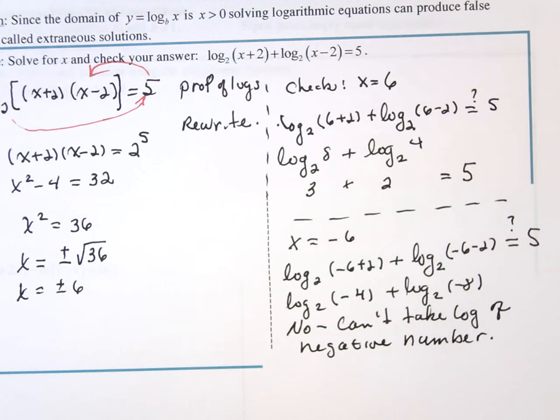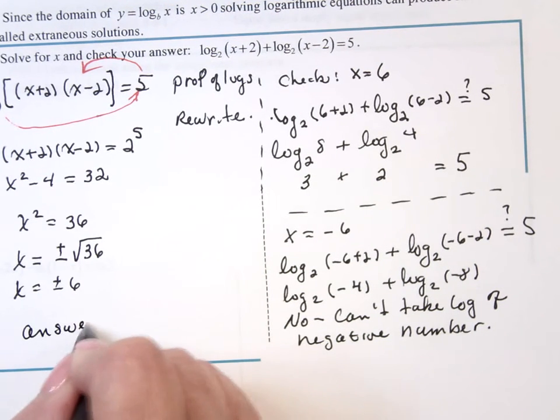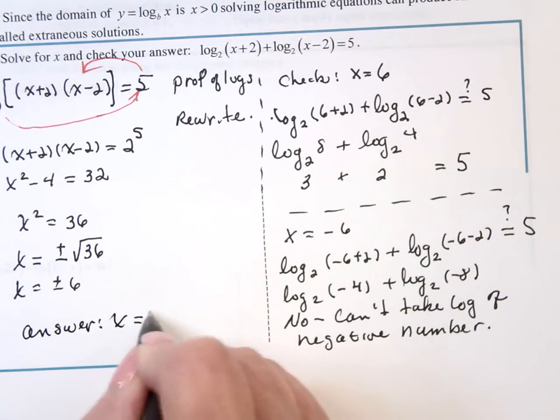Now, I can have an answer which is negative, it just can't make the argument negative. I might have a large enough positive number that's going to wipe out that negative. Now, what is the issue? Oh, so my answer is just x equals 6.